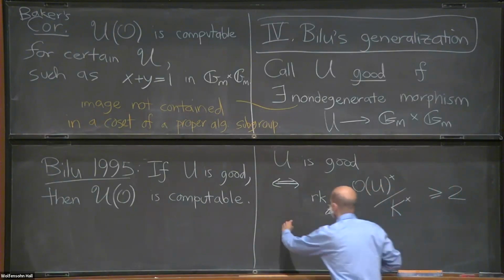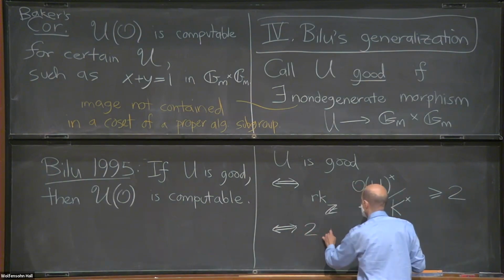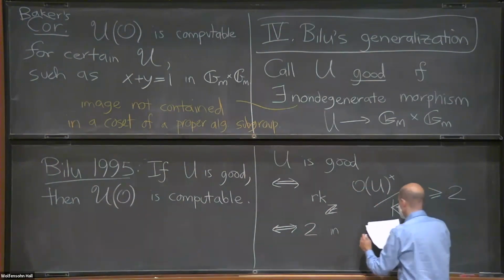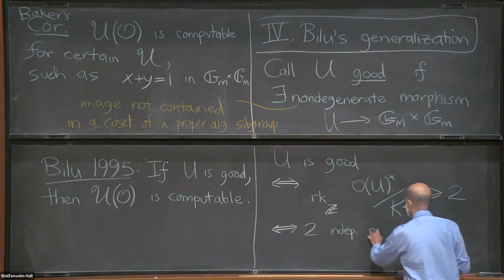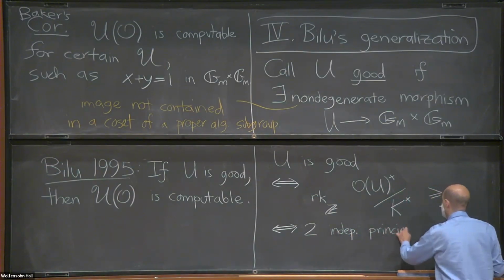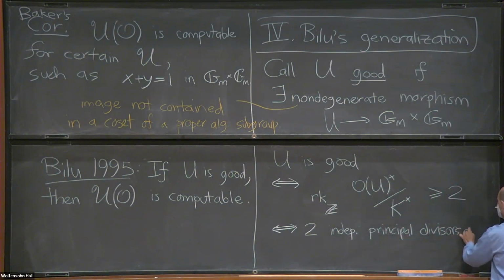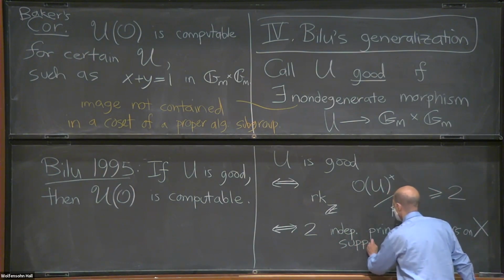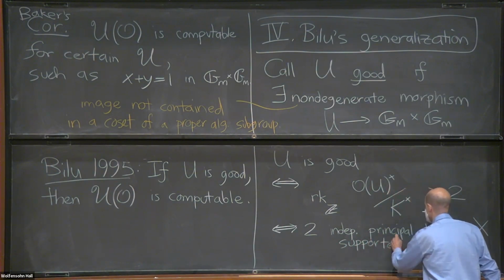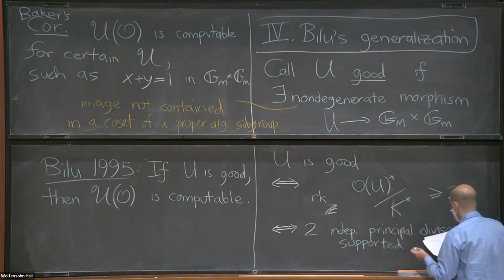You could also say this in terms of the divisors of those functions. That means you should have 2 independent principal divisors on the projective curve that are supported on the punctures, so that the functions are regular and non-vanishing on U itself.